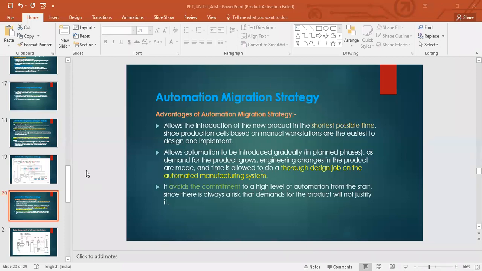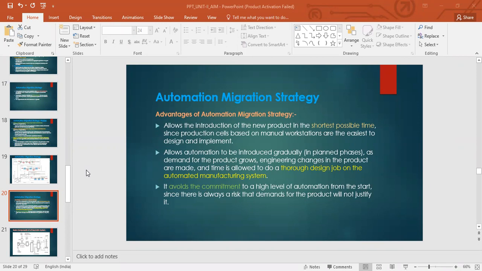so you see, if we are going for fixed automation right from the first phase, then it becomes a problem to accommodate, because you have seen that the feature of fixed automation is that it is inflexible to accommodate the product changes, right?